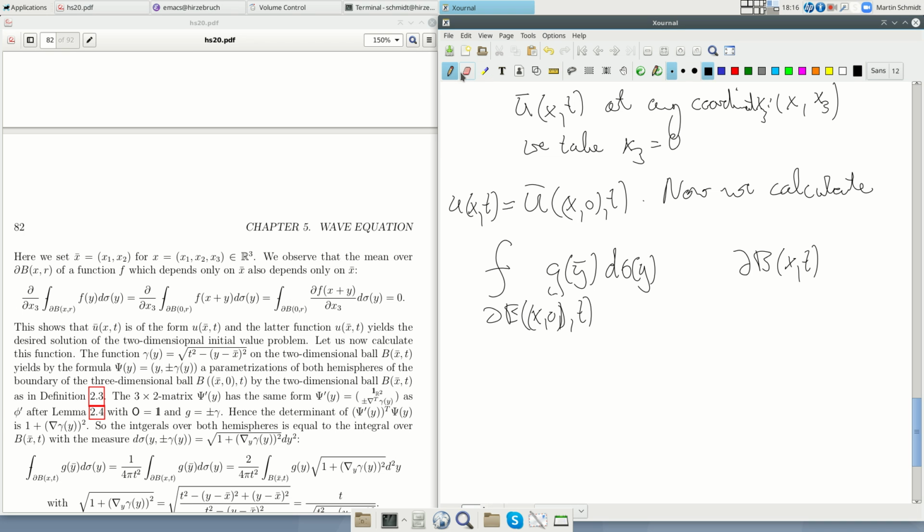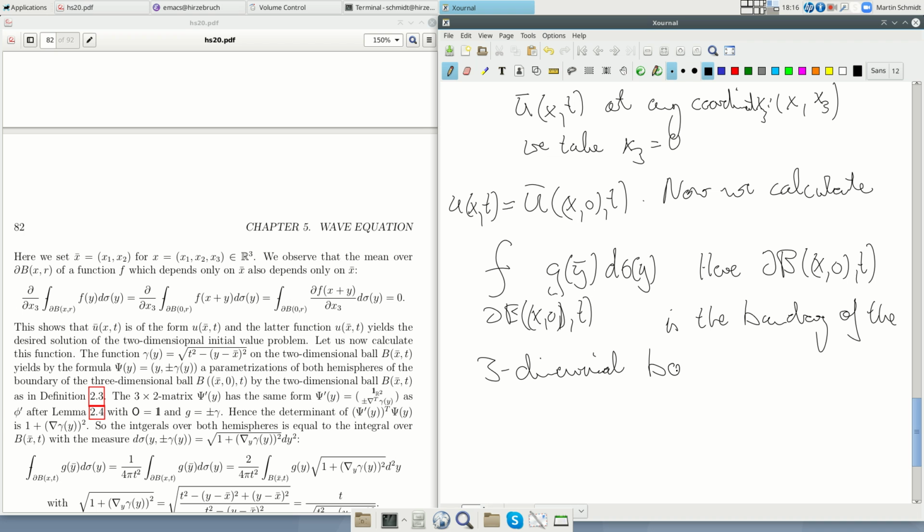So the boundary of B((x,0),t) is the boundary of the three-dimensional ball with center (x,0), where x is our coordinate of R2 and 0 we choose, and radius t.